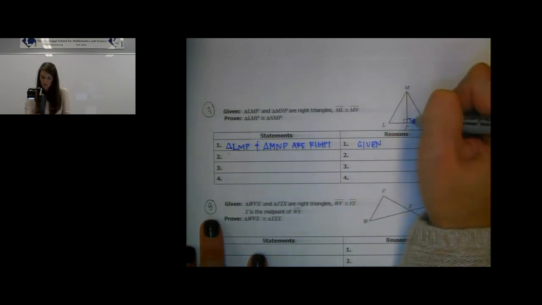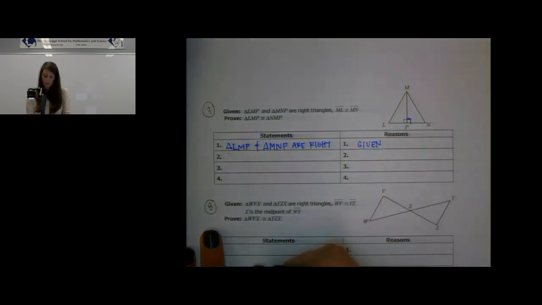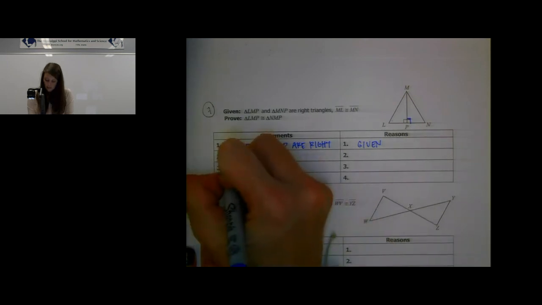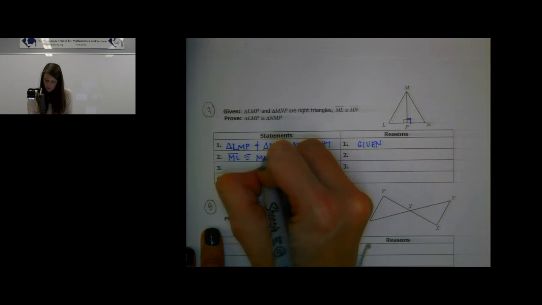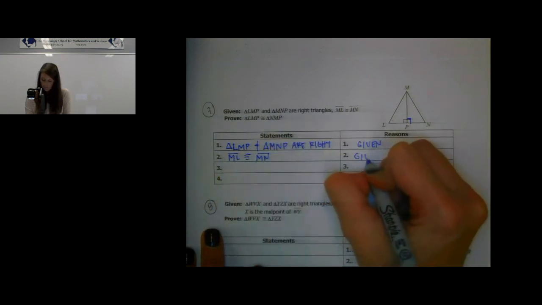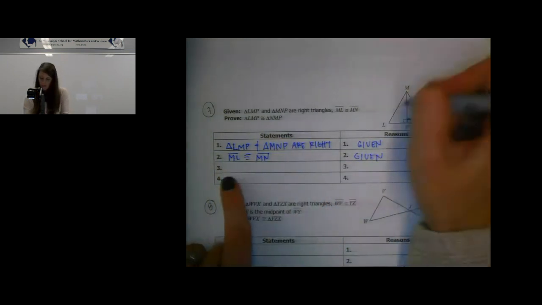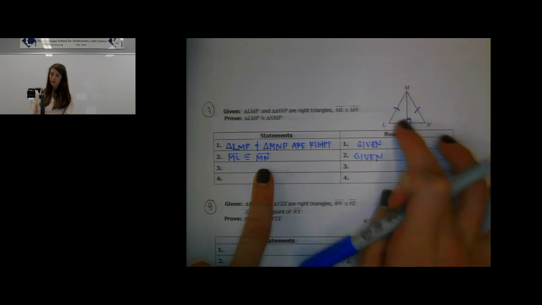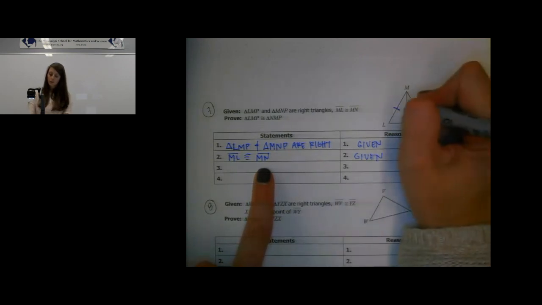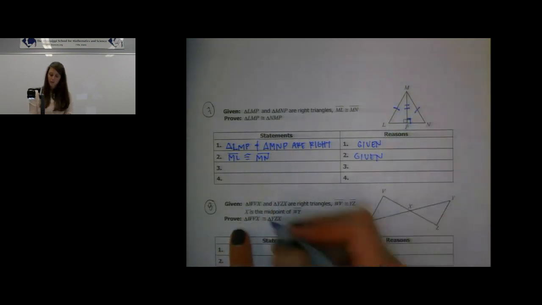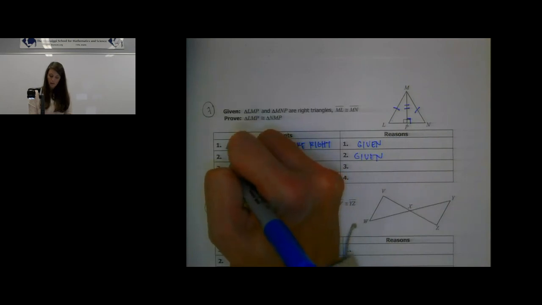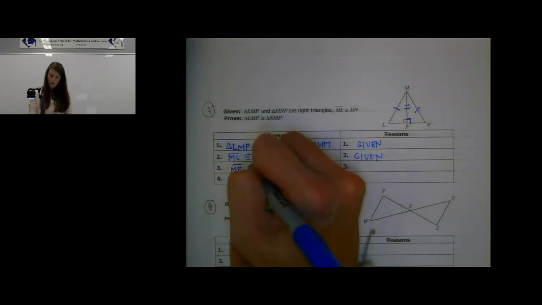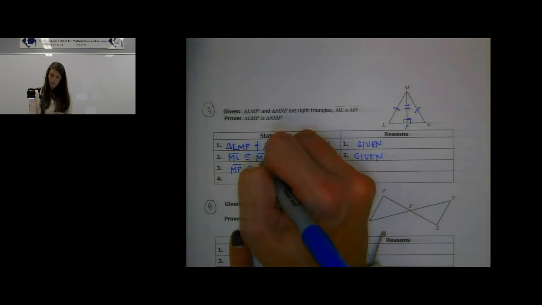That's given. So down here is my right angle on both sides. That means that ML is also congruent to MN. That was given to us as well. That is my hypotenuse, right? So my hypotenuses are congruent. Now what do I have right here? By the reflexive property, MP is congruent to MP.